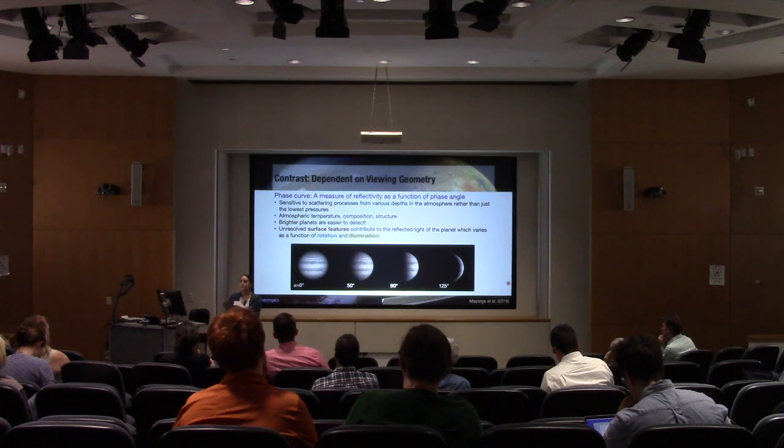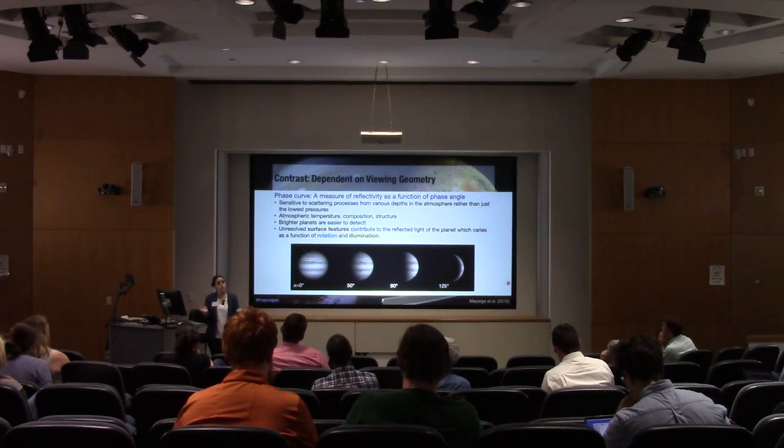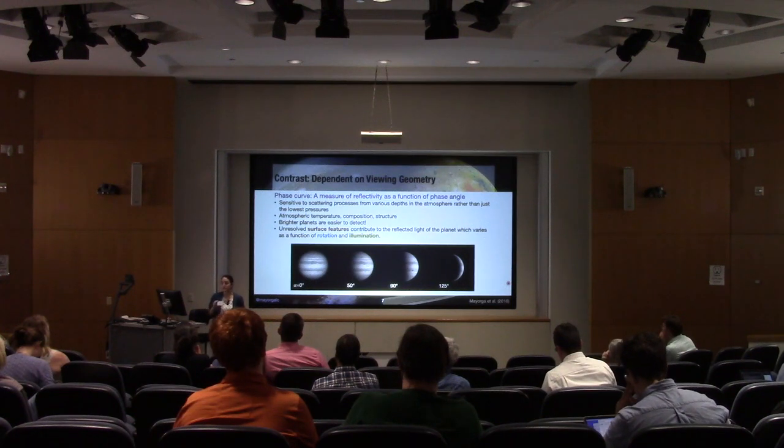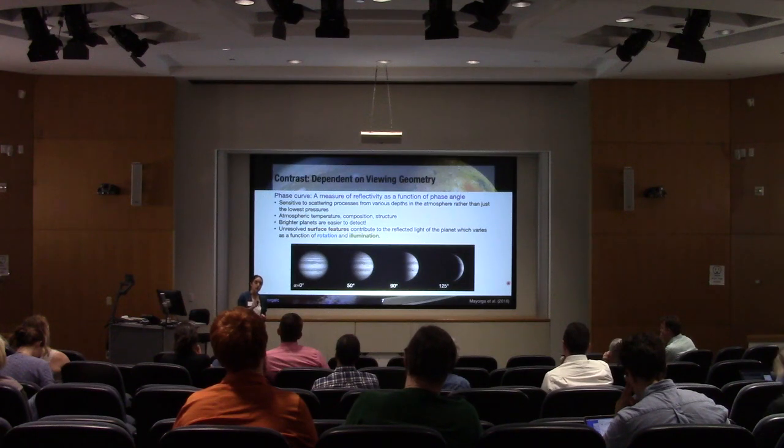So you can back out things like atmospheric structure, the temperature-pressure profile, the composition. And of course, brighter planets are easier to detect, so we're hoping that there's a lot of bright planets out there. And the unresolved surface features on terrestrial planets, for example, will contribute to the reflected light of the planet, which will vary as a function of planet rotation and as illumination.